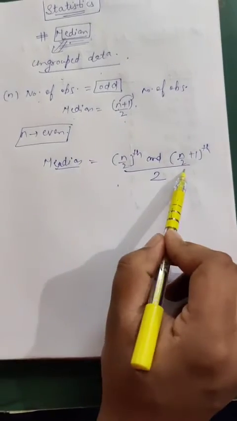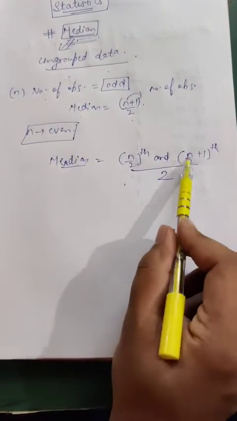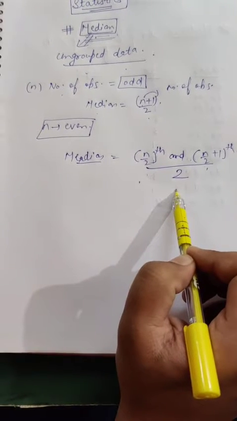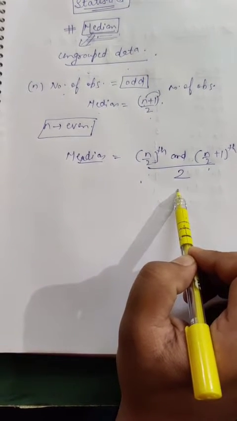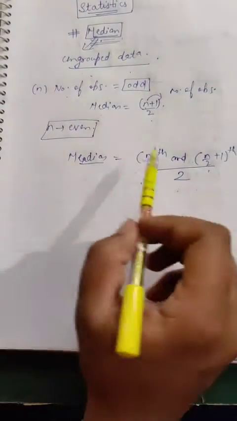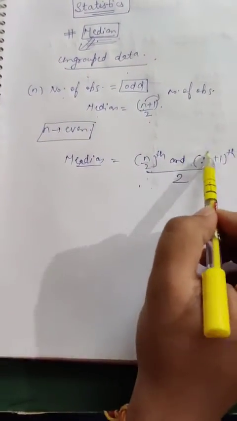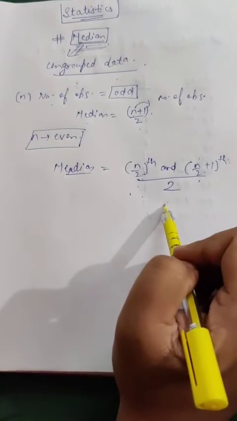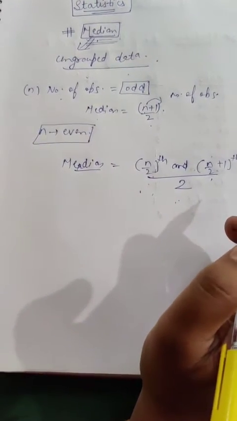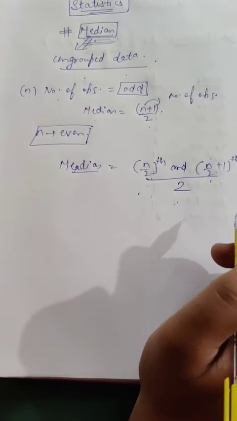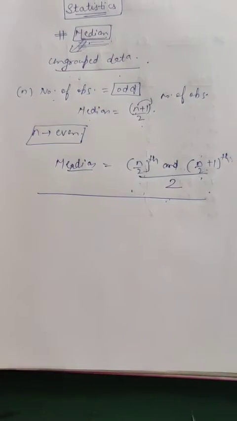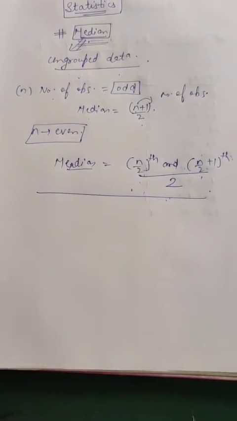So in case of an even number of observations, you find the n upon 2 th term and the n upon 2 plus 1 th term. We have already discussed questions on the median of ungrouped data in the previous class, and now come to the new topic, that is how to find the median of grouped data.